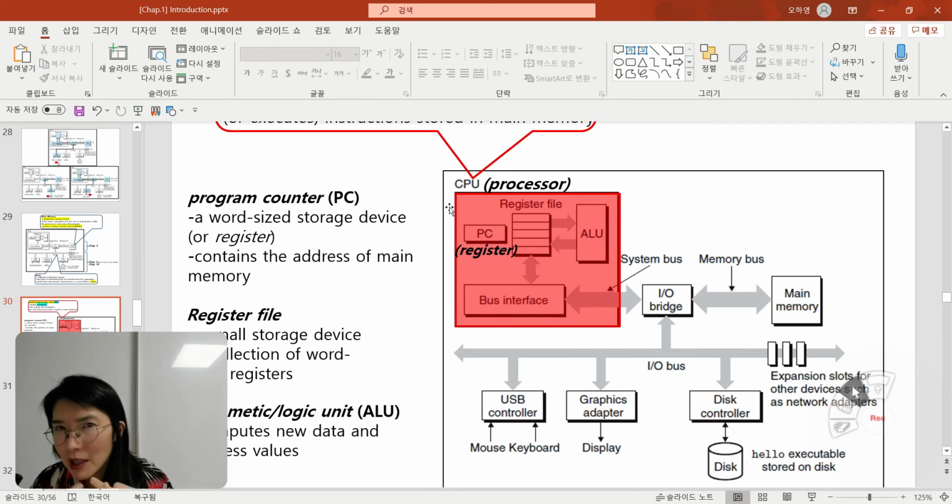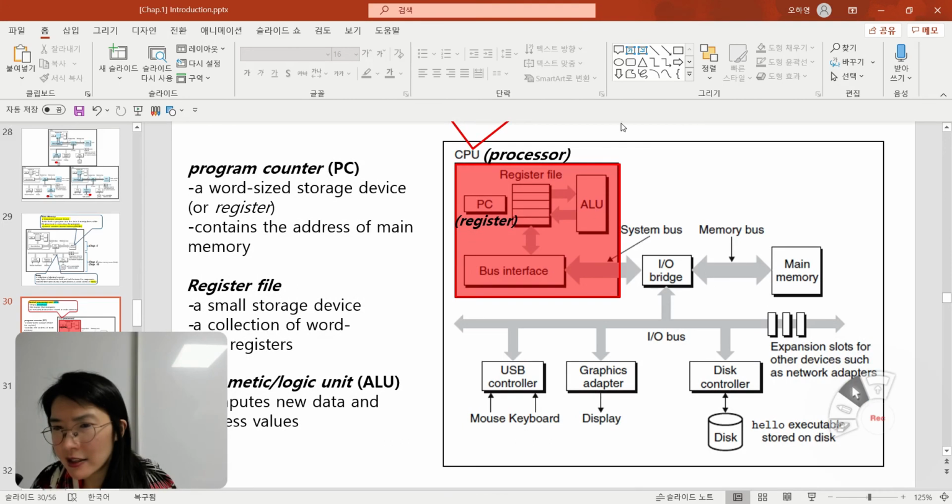All right. Please memorize at least three components of a CPU. All right. And please pause my video and write down each definition and this figure in your own note, take a picture, and paste it to your own Word portfolio file, okay, for yourself.